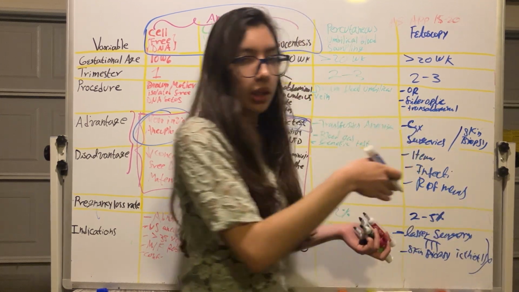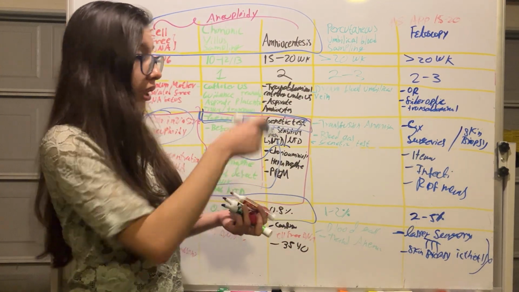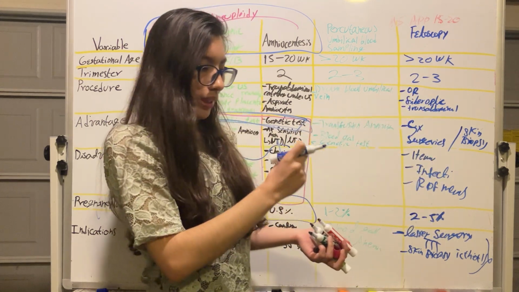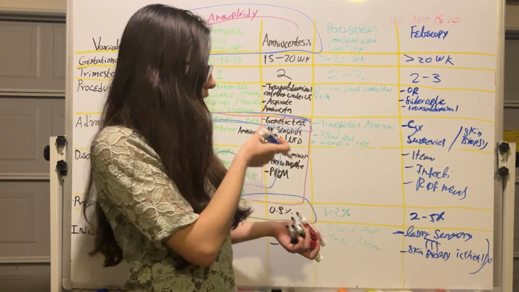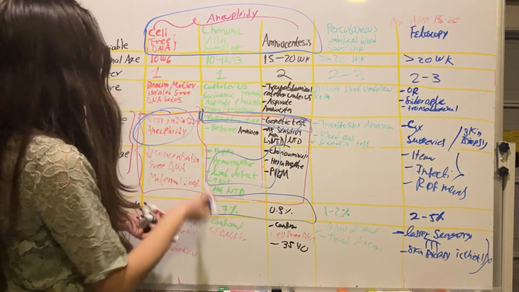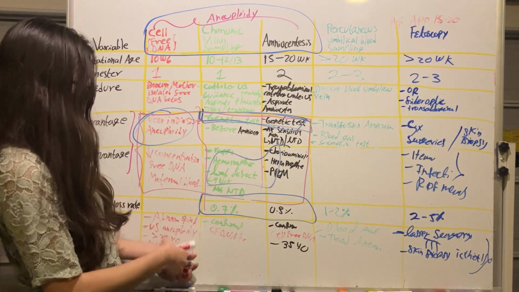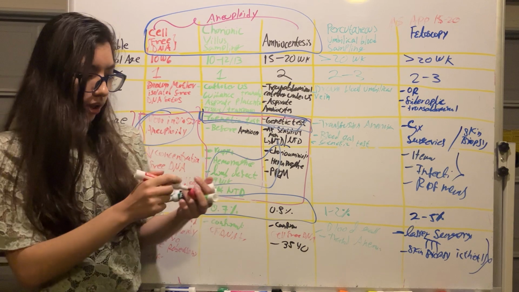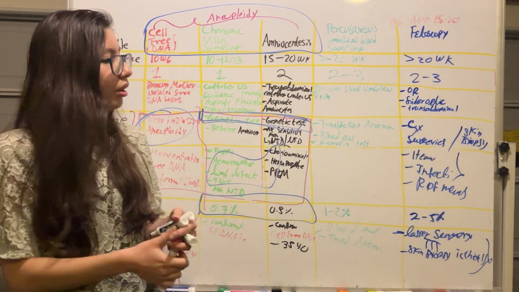Each time we insert a needle or something, here we are inserting the fiber optic, which has higher diameter than a needle. So here we have more risk of pregnancy loss. Pregnancy loss with cell-free DNA test is zero because it's not an invasive test. Here we are drawing blood from the mother.